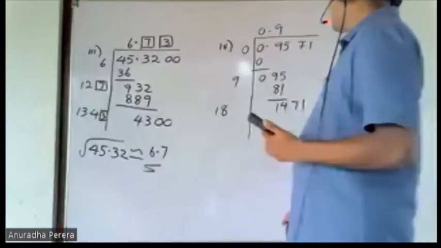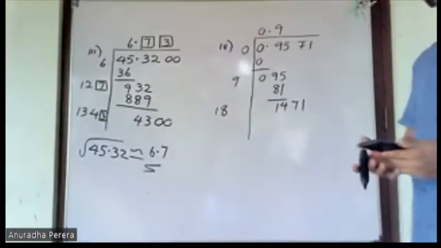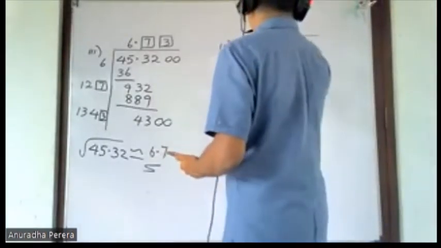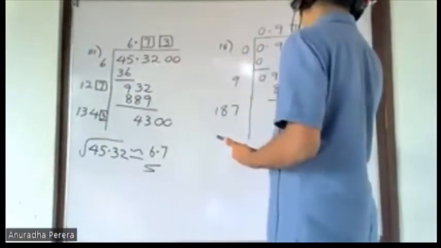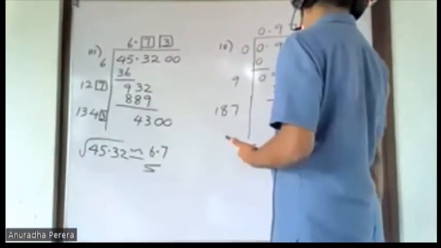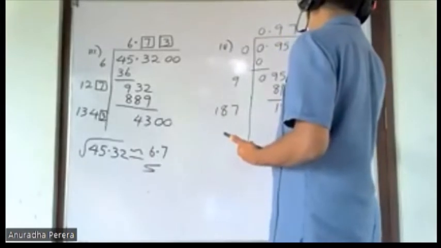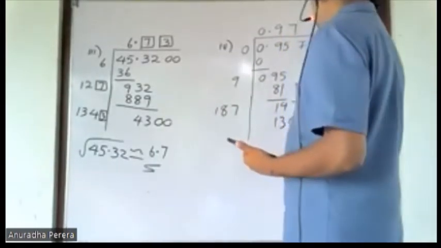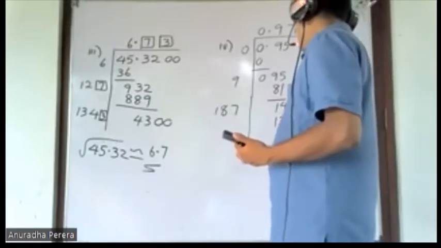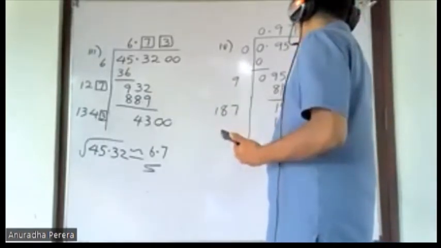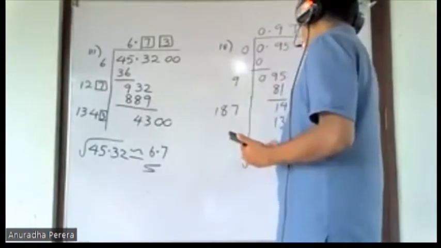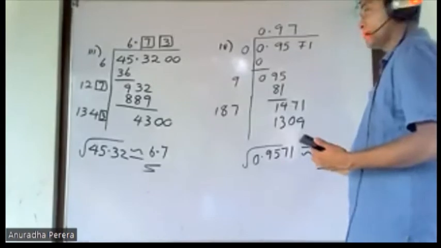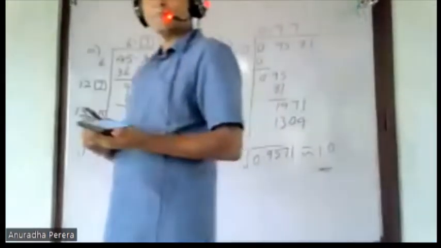So the value is 0.97. Yes. No need to subtract it. We need the answer to the first decimal place. Rounding off, your answer is 1.0 to the first decimal place.